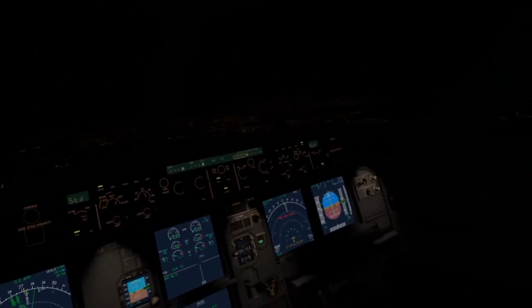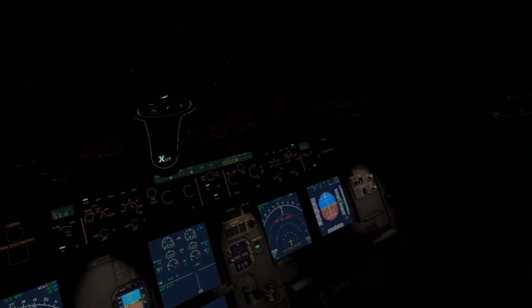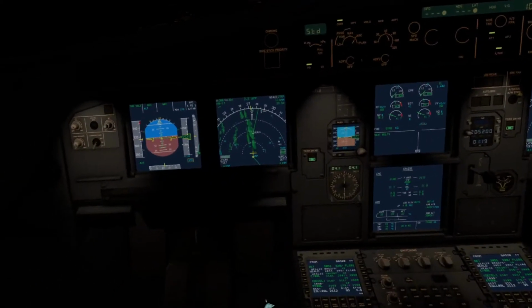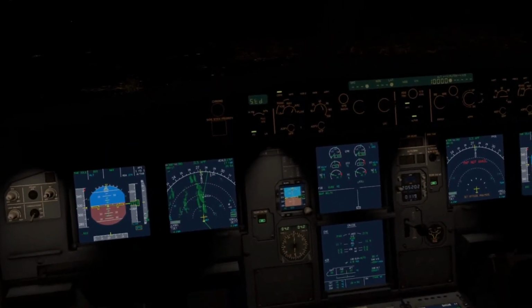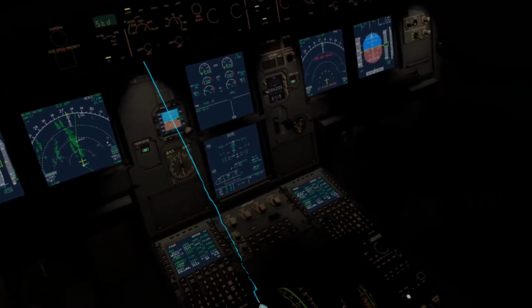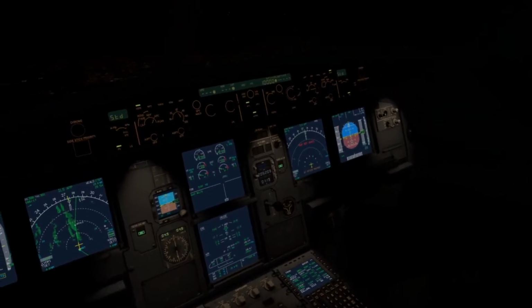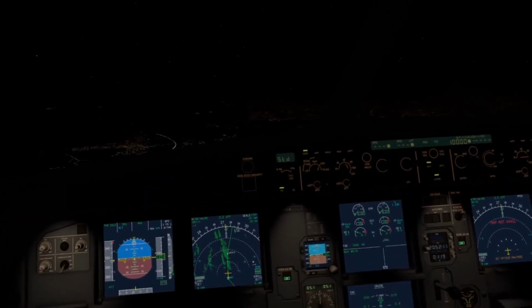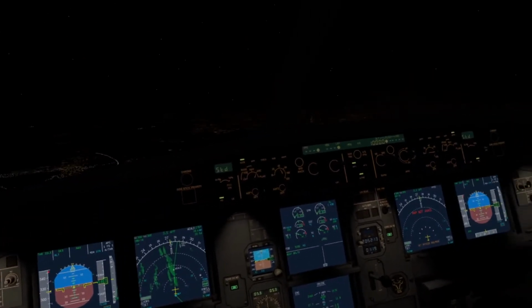By London Heathrow, you can just see London Heathrow right there. So as soon as we reach 10,000 feet, we are going to turn off those floodlights and set the auto brake and prepare ourselves for the configuration for landing.